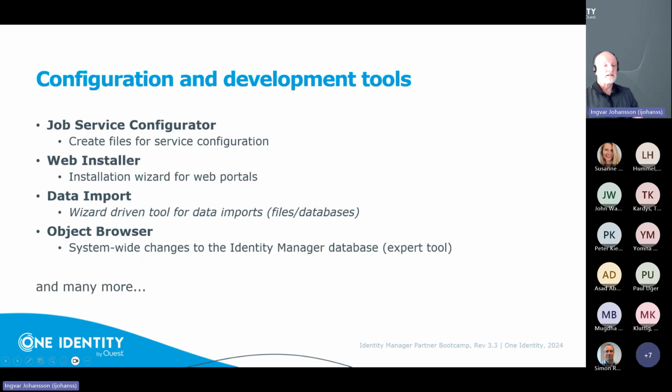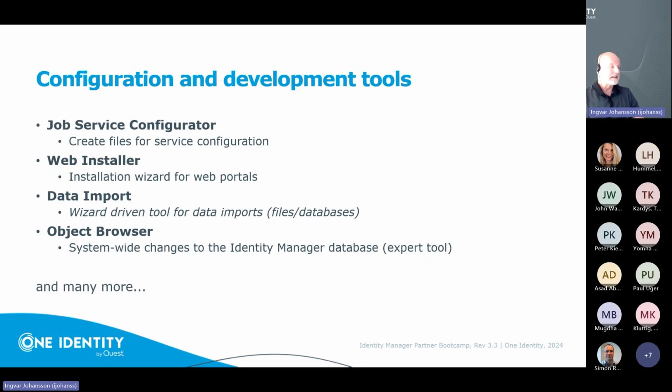And then there are some other tools that you will use. You will definitely use the Job Service Configurator once you install the application, because that's the tool you use to configure the bootstrap information for a job server, that One Identity Manager service component.